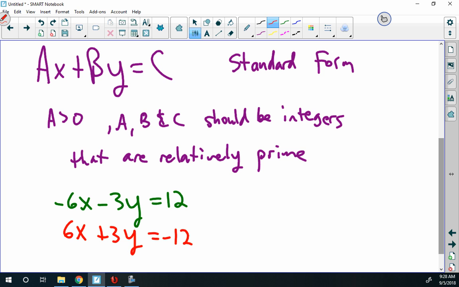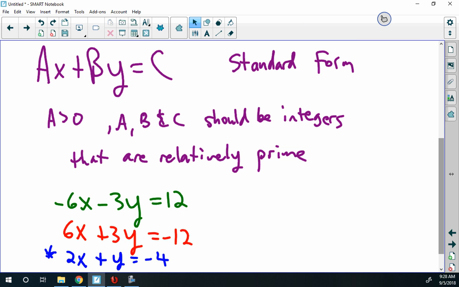They're not relatively prime because you can divide them all by 3. If you divided them all by 3, that would make this 2x plus y equals negative 4. That would meet those criteria. If that kind of went over your head, don't sweat it. But that's what standard form is going to look like. The leading coefficient's positive. The coefficients are relatively prime.